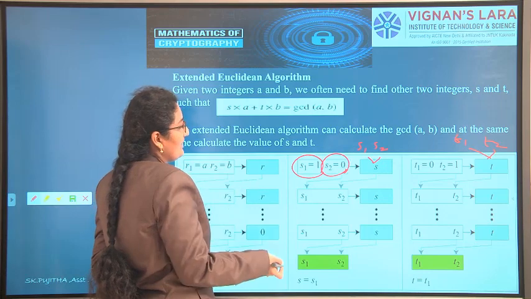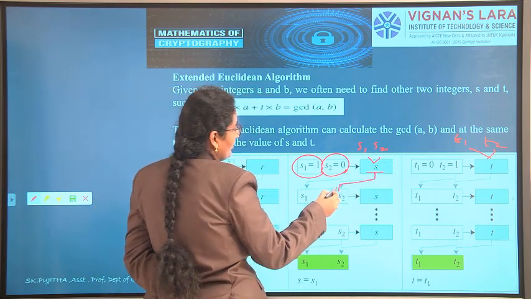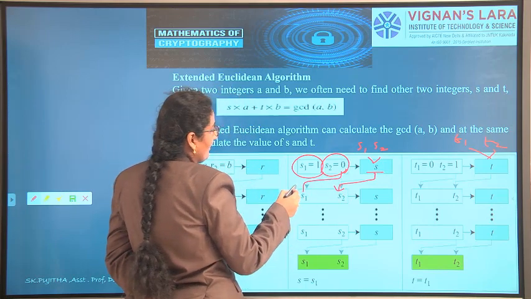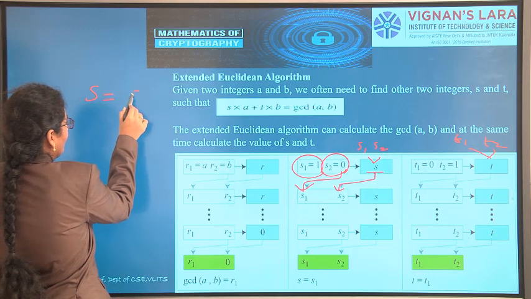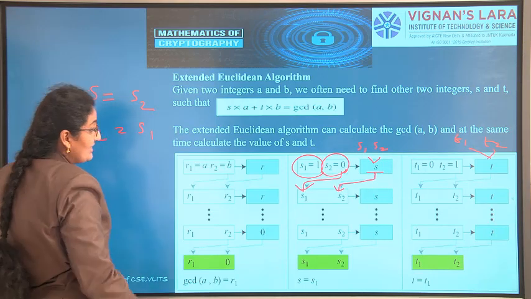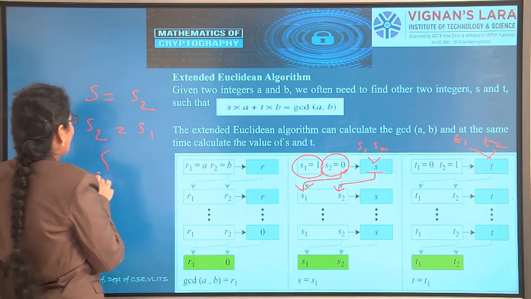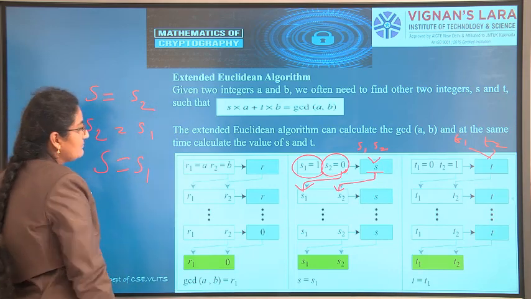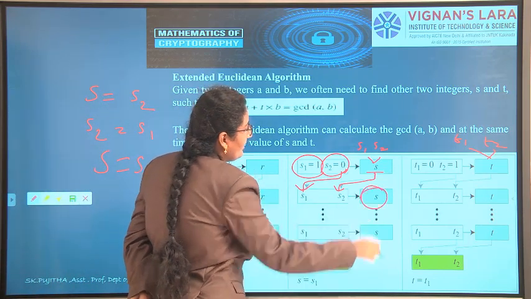By dividing s1 and s2, we will get s. This s value is given to s2, s2 value given to s1. Remember, s value given to s2, s2 value given to s1. This should be repeated until s2 equals 0. See, again we got s1 and s2, divided and got s.